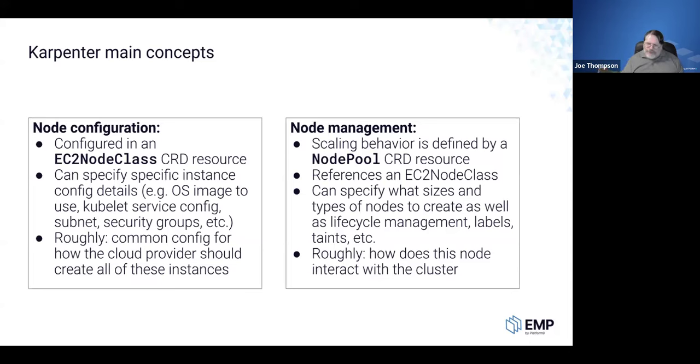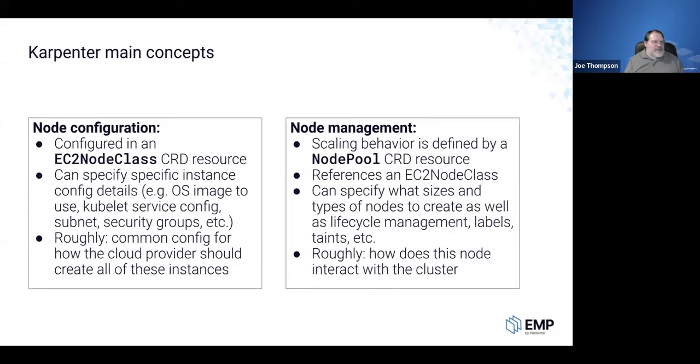And the node pools are more oriented around, what does this node look like to Kubernetes? So it's things like lifecycle management. That's kind of on the boundary between Kubernetes management and AWS management. Labels in Kubernetes, taints in Kubernetes, that kind of thing.